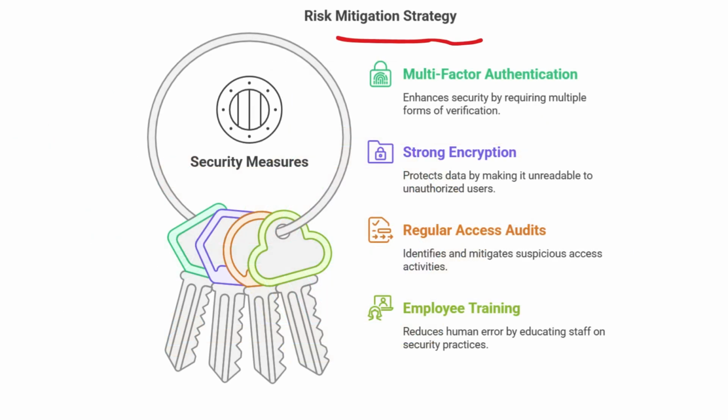So, how do security professionals mitigate these risks? To protect systems from access control threats, organizations implement various security measures, including multi-factor authentication. Requiring additional verification methods, such as a one-time code or biometric authentication, strengthens security beyond just passwords. Strong encryption.